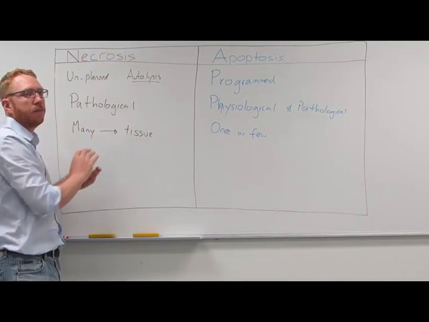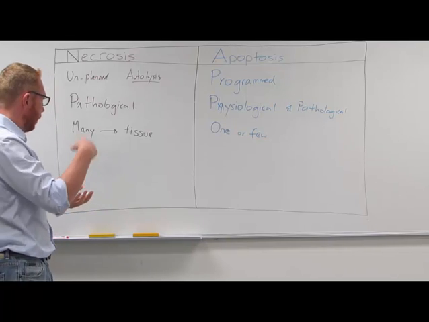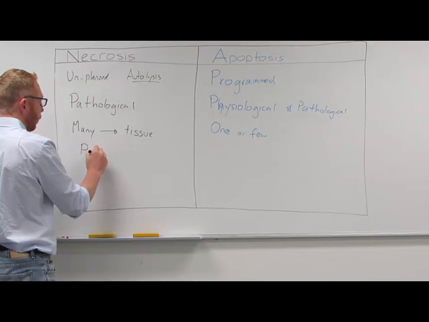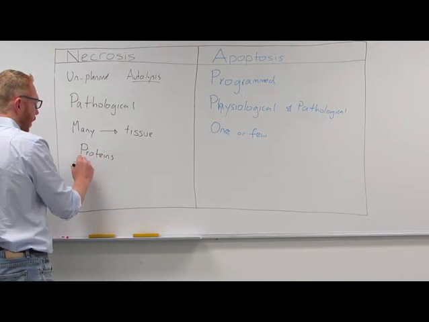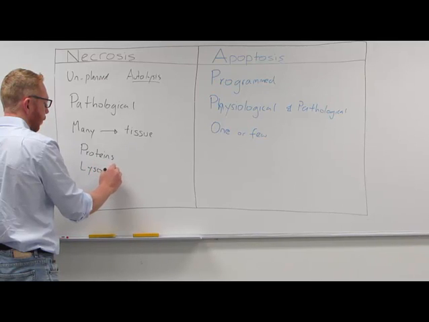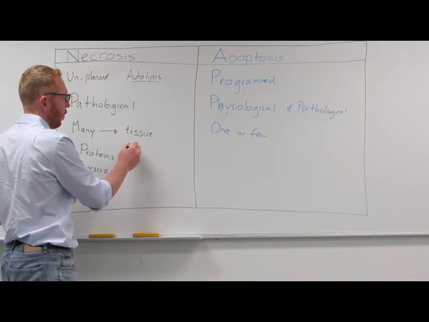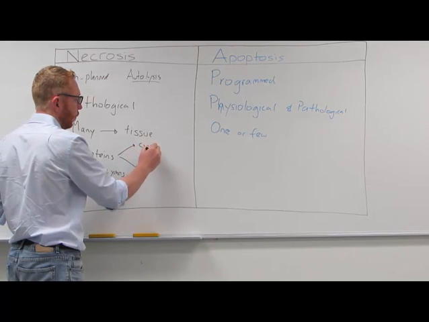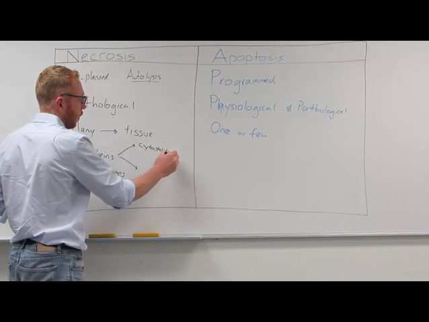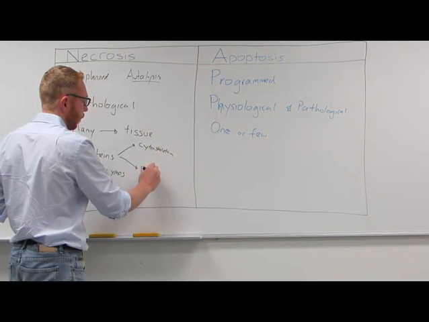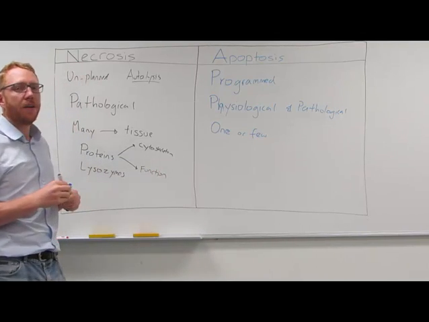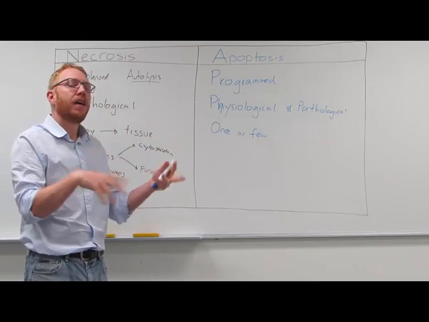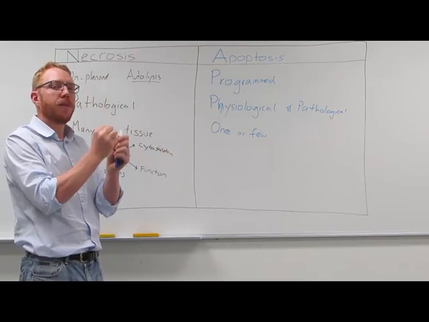Whereas necrosis usually causes a change within the cell. And so it causes changes within proteins and changes within lysosomes. And these proteins can be both structural and functional. So it can be the cytoskeleton and the functional proteins. If they get degraded or denatured, so the cytoskeleton are the proteins that hold the cell together, if they get degraded, the cell will collapse in on itself.